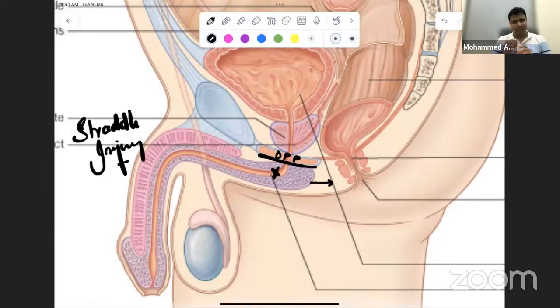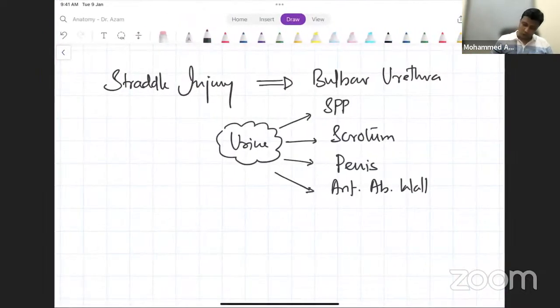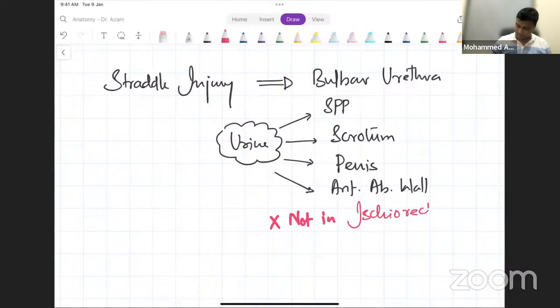I will teach you in some other session. For now, just remember it cannot go there, because that was mentioned in the options. So remember, the urine cannot go into the ischiorectal fossa.